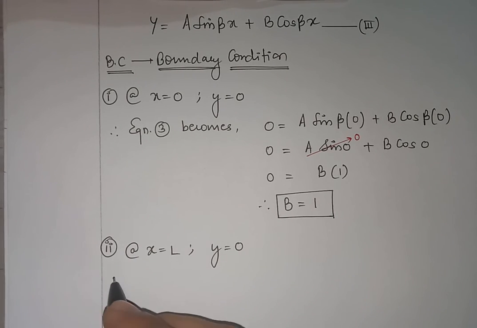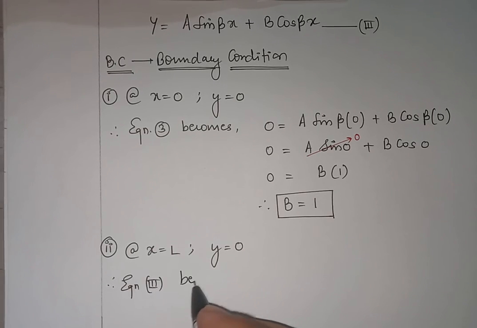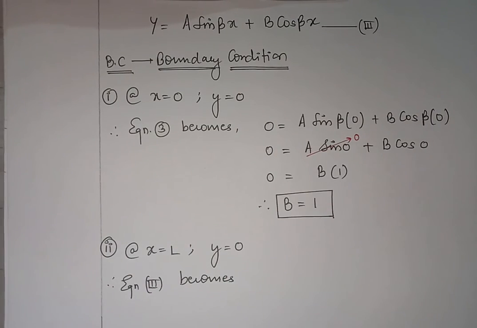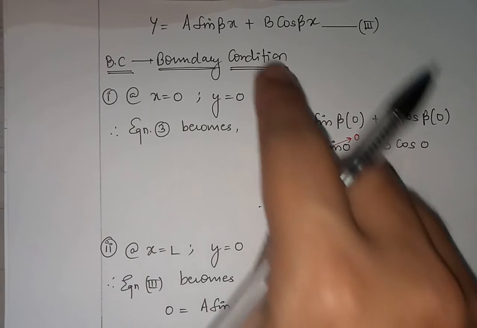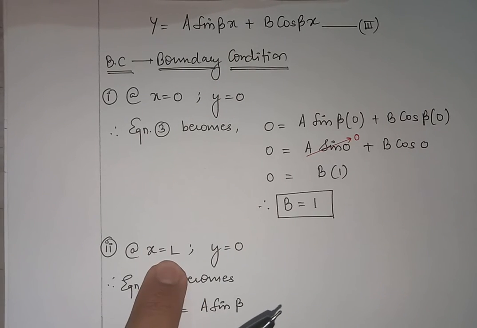So once again, equation 3 becomes, what is your equation 3? This is your equation 3. Y का value क्या है? 0 है. So you put it as 0 is equal to a, sin β, what is the value of x? X value should be L. Right?